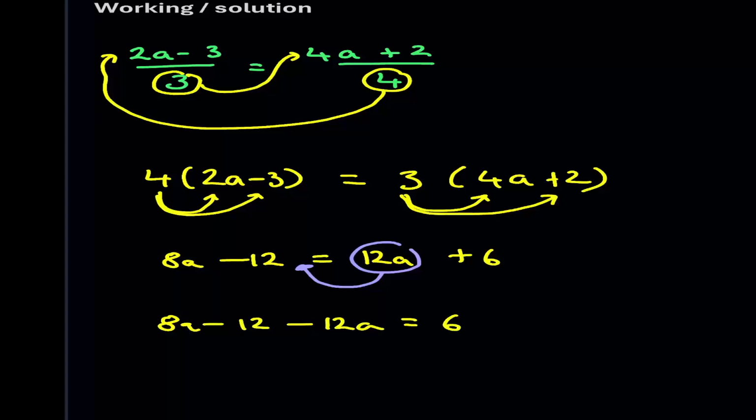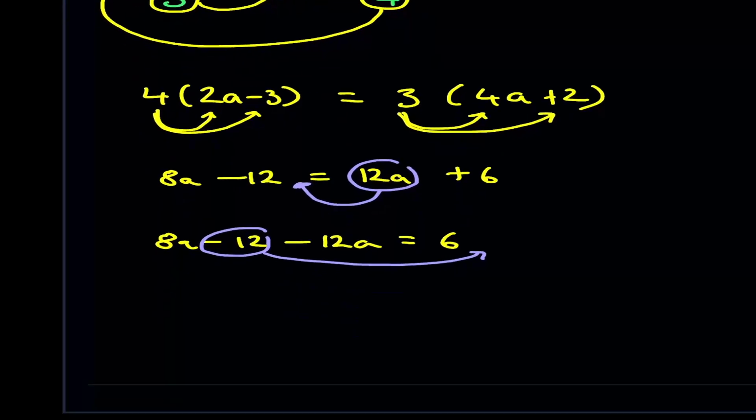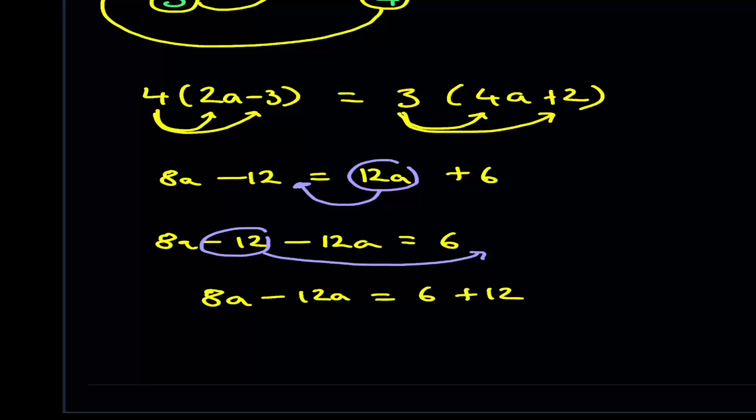And then that number, that constant, we're going to do the same thing. We're going to move that to this side. That way, all the letters are on one side and numbers are on the other. So 8a take 12a on this side, 6 plus 12 on that side. So notice the sign always changes when you move it across the equal sign.